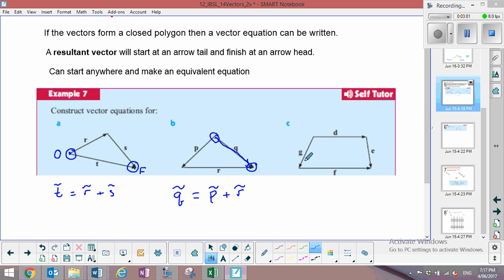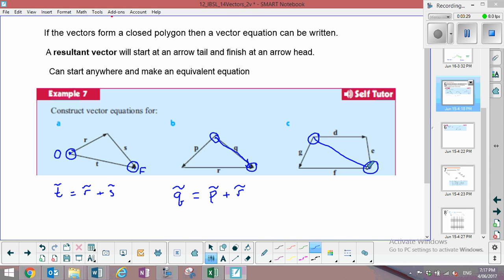Another way we could do this example: here we've got vector g, vector f, vector e going this way and d going that way. Here are our two vectors starting together with the two tails together, and here are our two heads together. So here we don't actually have one resulting vector that would go from this over to here.